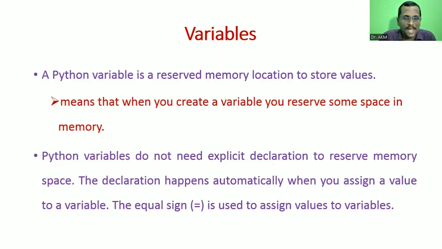The declaration happens automatically when you assign a value to a variable. When you declare the variable, the value and its memory space are automatically assigned, and the equal sign is used to assign values to variables.